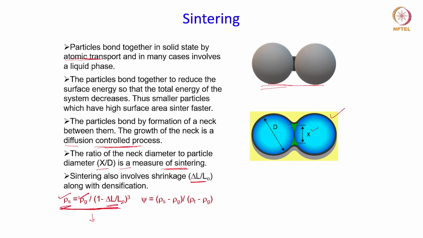And the densification parameter psi is given by a relationship like this. So this is basically the ratio of the change in the density, that means rho s minus rho g, the difference between the density of the sintered compact and the green compact, divided by the change needed to attain a pore-free solid.